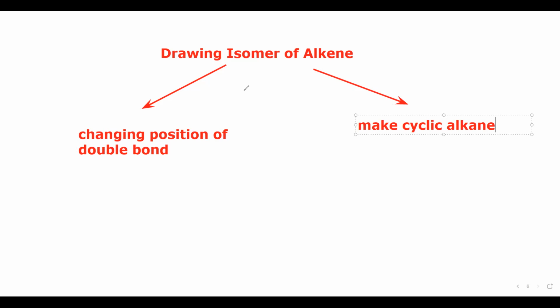For example, if I say draw two isomers, or three isomers, of C4H8, how to draw C4H8? We can draw by changing the position of the double bond. C4 means 4 carbon atoms, so 1, 2, 3, 4. Between the first two there is a double bond and the rest are single bonds.